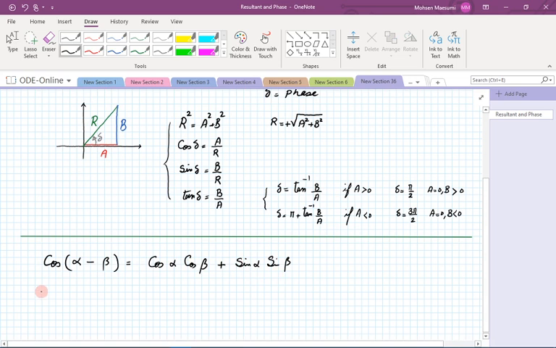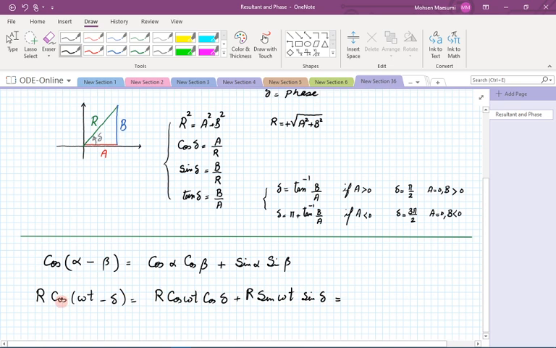So if I have r cosine of omega t minus delta, this is the same as r cosine of omega t cosine of delta plus r sine of omega t times sine of delta.